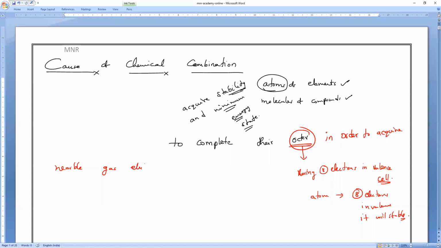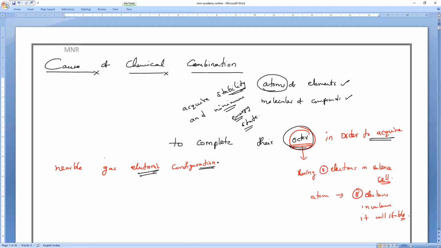This electronic configuration is the main thing you studied in 9th class, and we will study the same thing again in 10th class. So whatever element is undergoing a chemical reaction, the purpose is to obtain the octet in order to acquire the nearest inert gas electronic configuration.